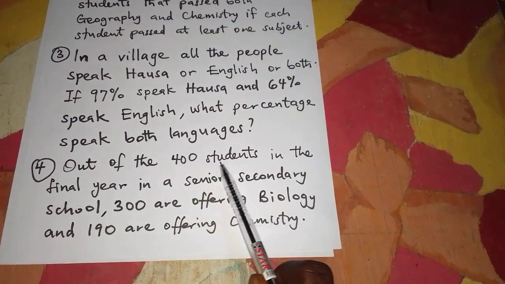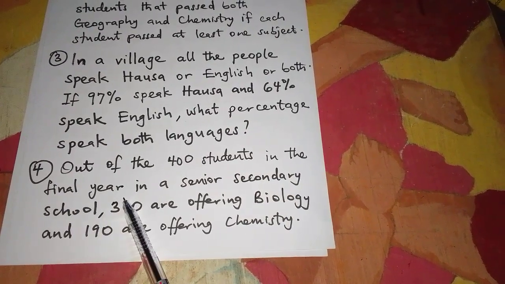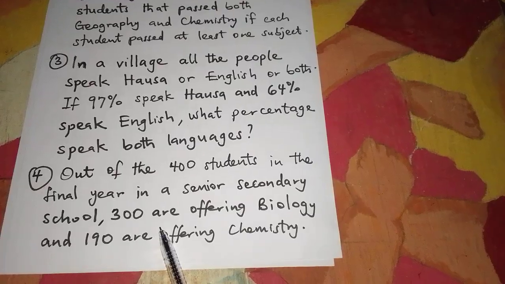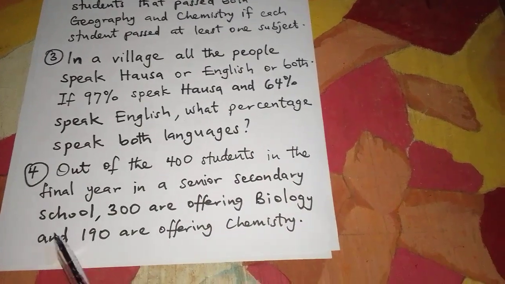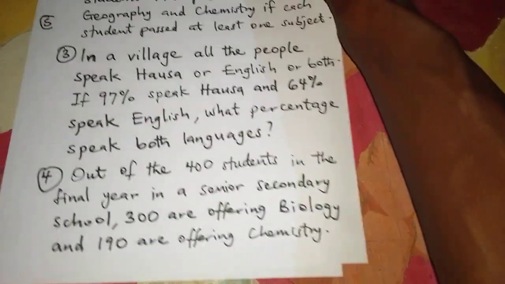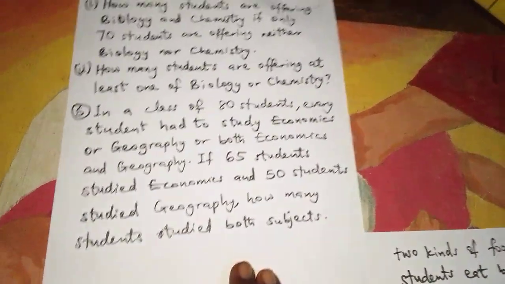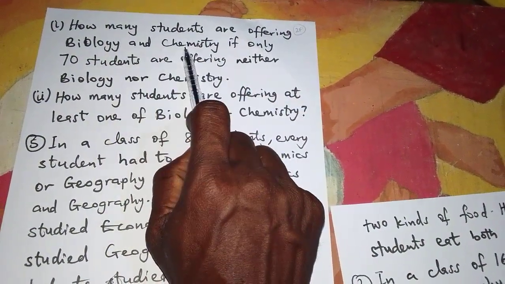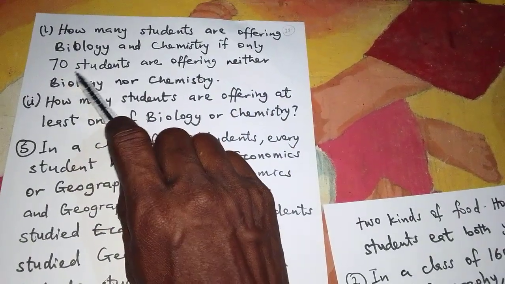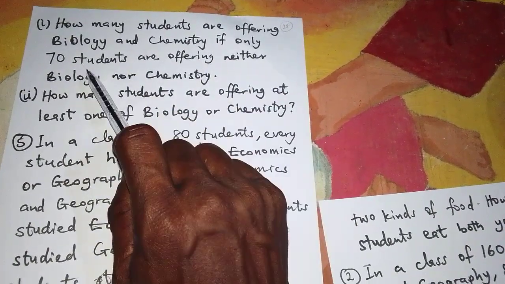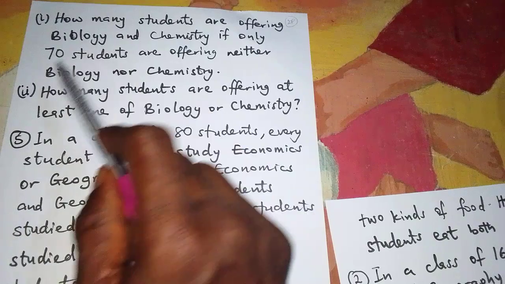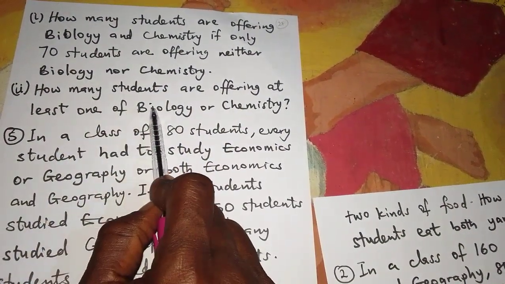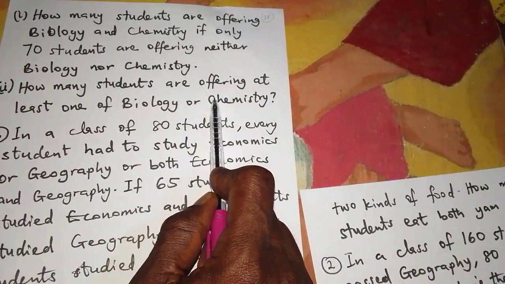Out of the 400 students in a final year in a senior secondary school, 300 are offering biology and 190 are offering chemistry. 1. How many students are offering biology and chemistry if only 70 students are offering neither biology nor chemistry? 2. How many students are offering at least one of biology or chemistry?